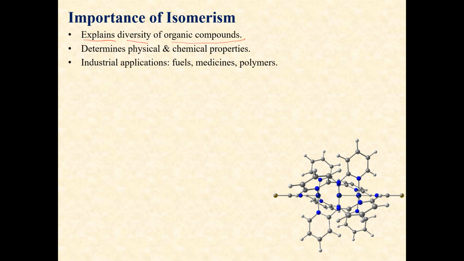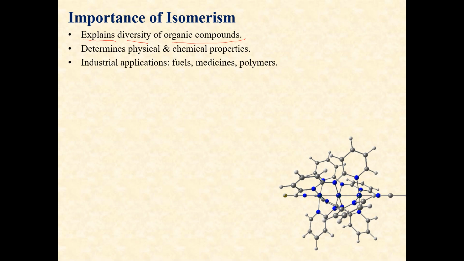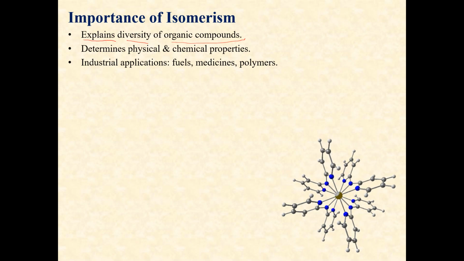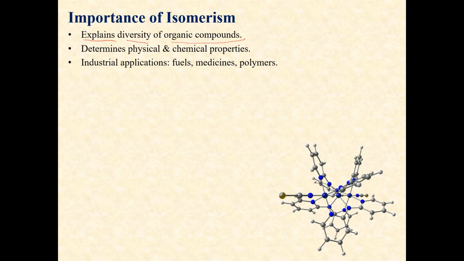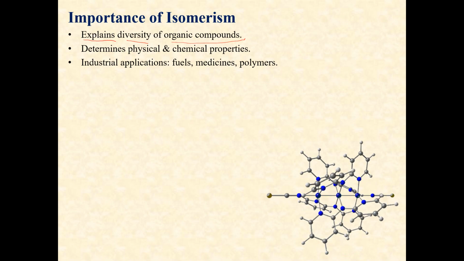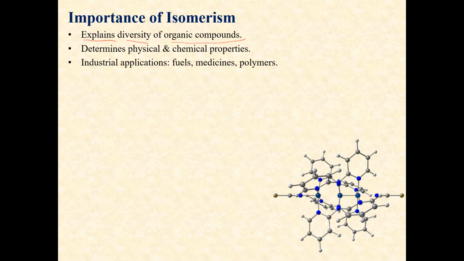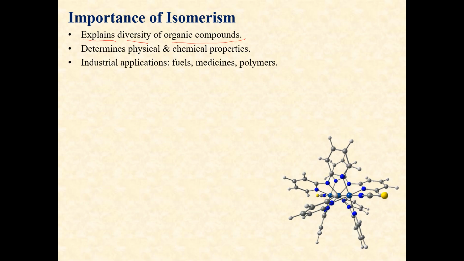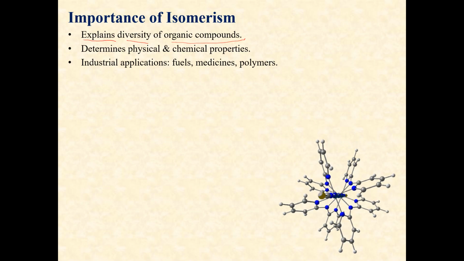We have seen ethanol, and on the other side we have an ether. So we have ether and alcohol having the same molecular formula, but you see the arrangement of atoms is different. So it helps to explain the diversity of organic compounds.